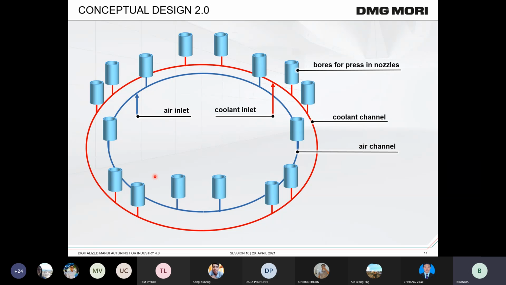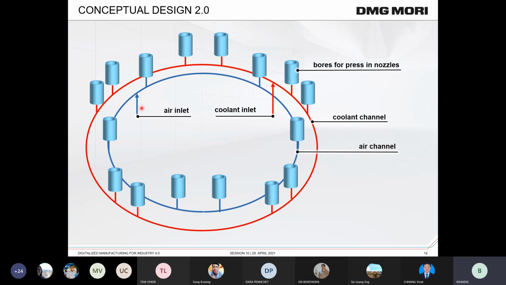So we want to add a second channel. Here is our coolant flow, in red. We have here a coolant inlet at the bottom side. And it's similar to our first ring nozzle. We have here bores for press-in nozzles. They are here in light blue. And we want to integrate a blue channel, a second one, for air.